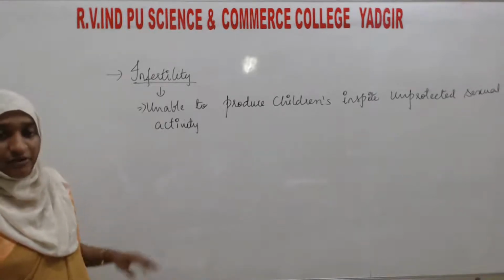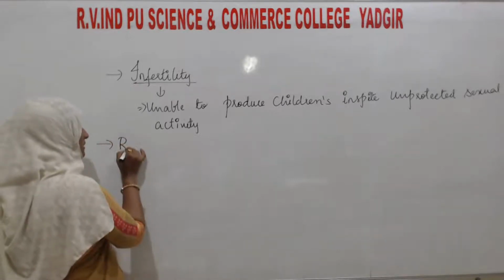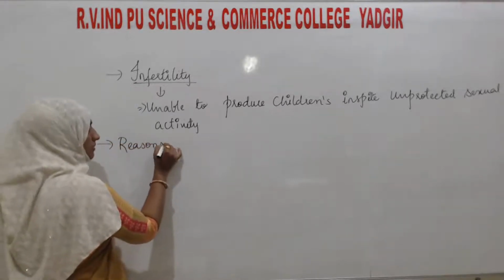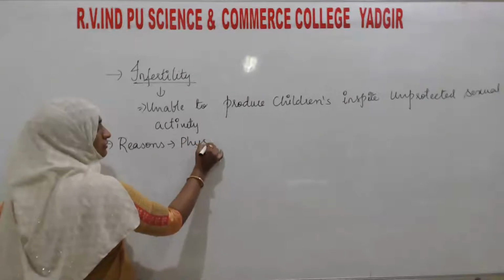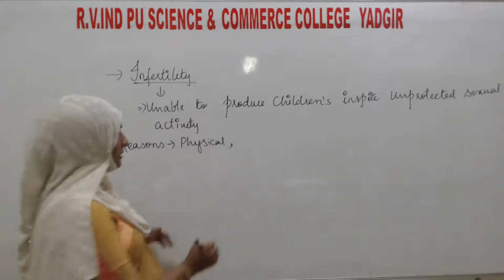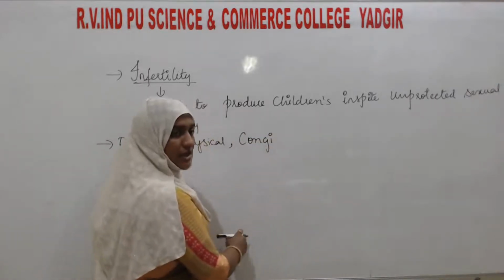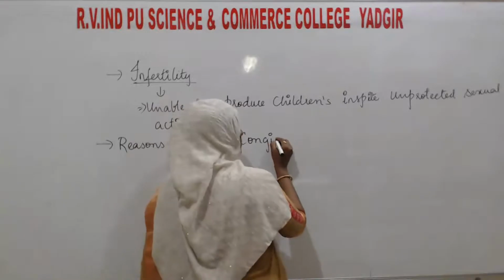So the reasons for this infertility may be several. It may be a physical reason due to some physical unfitness. Congenital, meaning that by birth if any disease is there with the female or male, that is also one reason.